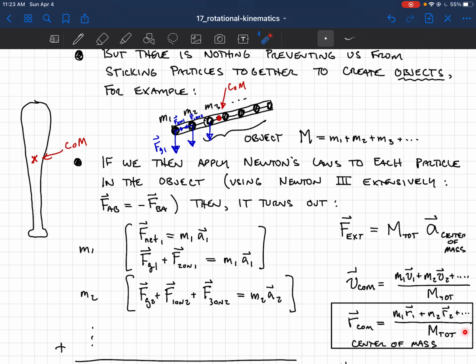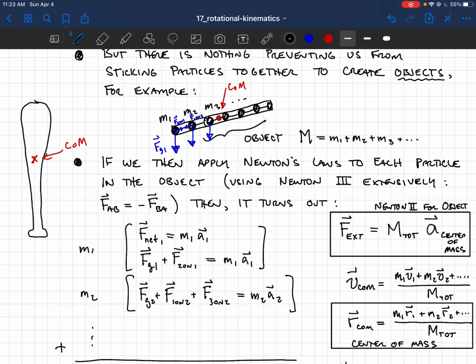And that center of mass is given exactly by this equation here, but it's used in this equation that we've derived, which is basically Newton's second law for an object. So this is Newton 2 for an object. So no longer Newton 2 for a particle, but Newton 2 for an object.